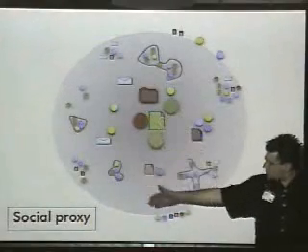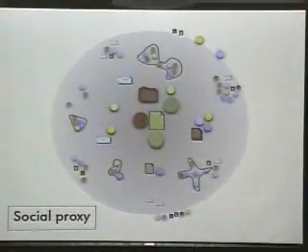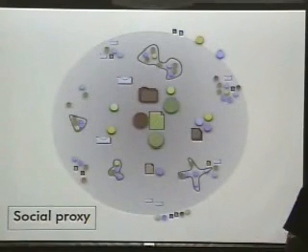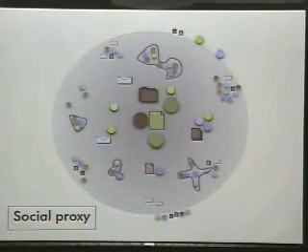So I'd like to give you an example of where we see this research going. We're imagining something like a social proxy here that gives you an overview of your day or of your recent time span. Working off of ideas explored by, for example, Tom Erickson's work with Babel, outwards is time from most recent to a while ago, from most active to not so active.